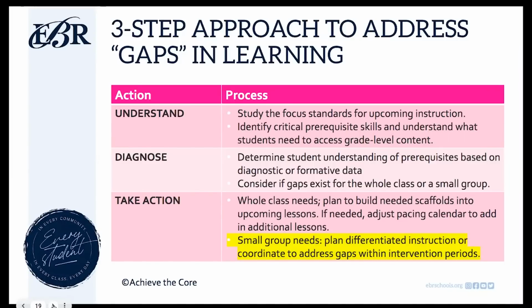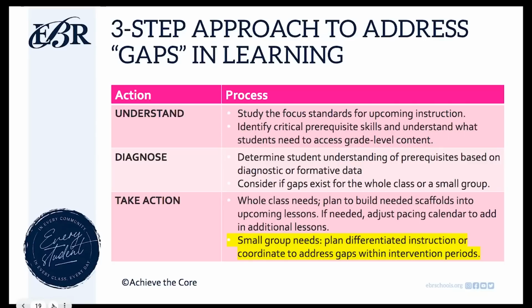So that's understand, diagnose, take action. We did understand when we looked at our standards and we were cognizant of what it is our students need to know and be able to do. We took a look at those prerequisites so we knew which standards were most closely aligned to that grade level content. Diagnose is when you looked at your data.